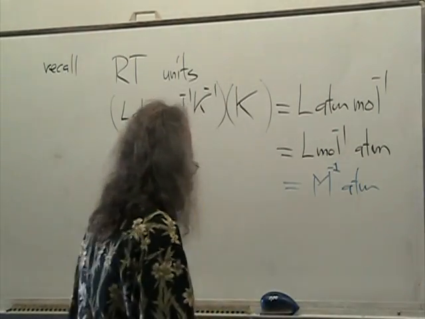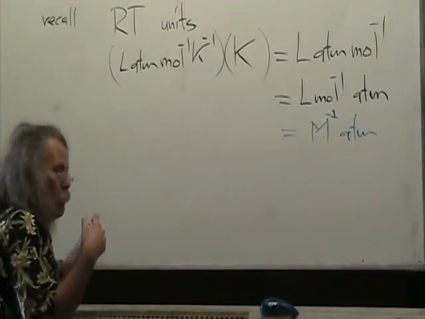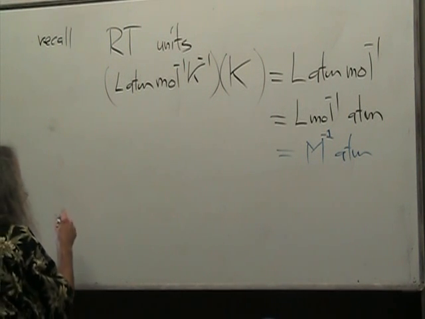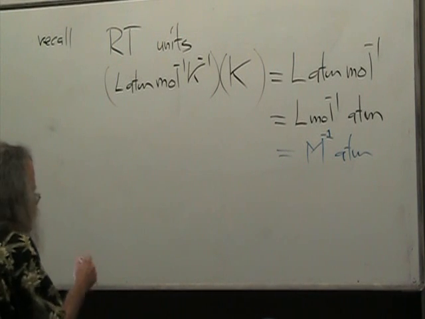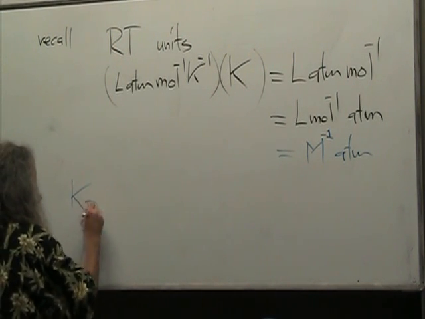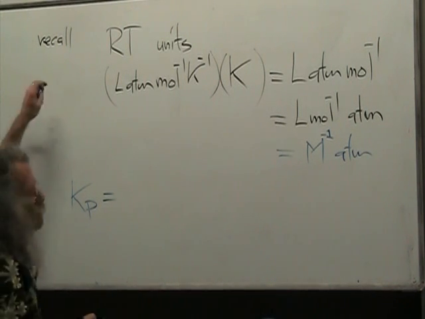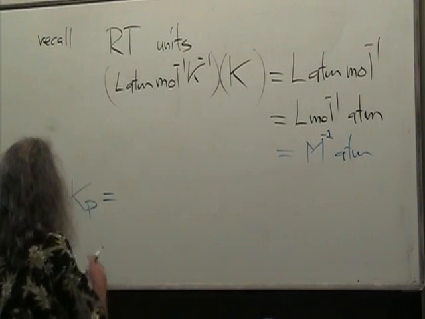And so I want to go to moles per liter in some fashion. So if I take Kp, which is in some form of atmospheres, so Kp is going to be in atmospheres, am I going the right way? In terms of Kp, I want Kc.